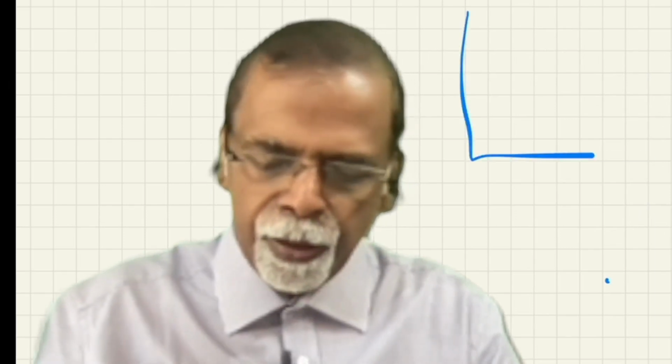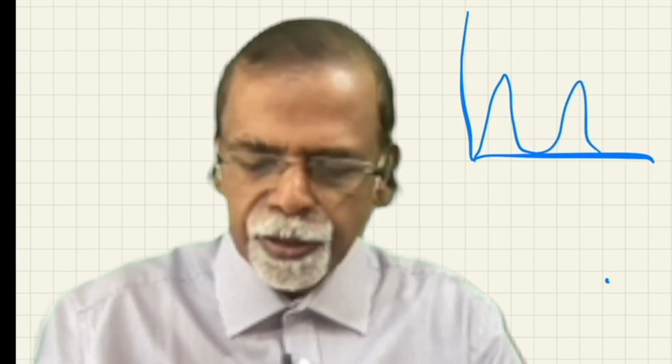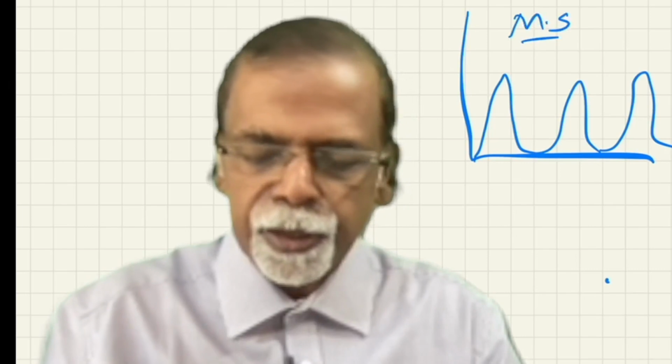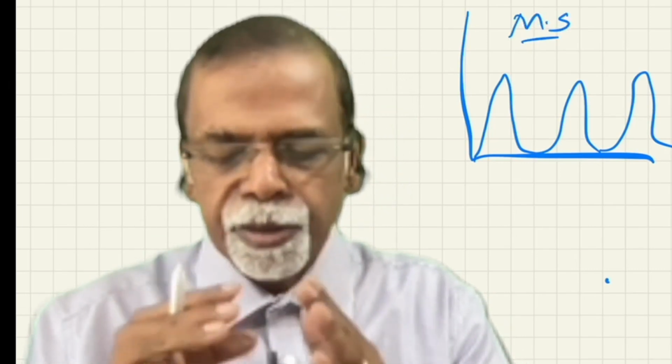Another example, patient can have episodic symptoms, that is, one symptom lasts for a few days, again recurs. This is classical of multiple sclerosis, that is remitting and relapsing. So, the disease can remit and relapse.